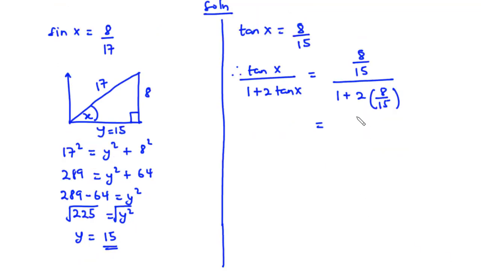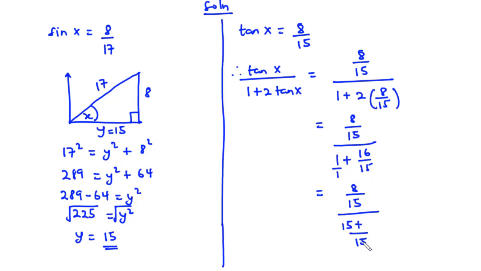Now let's simplify. We have 8 over 15 divided by 1 plus 2 times 8, which is 16. So 16 over 15. We can write this as 1 over 1. Let's simplify further. So we still have 8 over 15 divided by, the LCM between 1 and 15 is 15. 15 divided by 1 is 15. 15 times 1 is still 15.